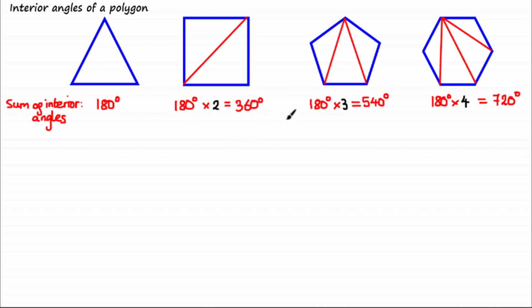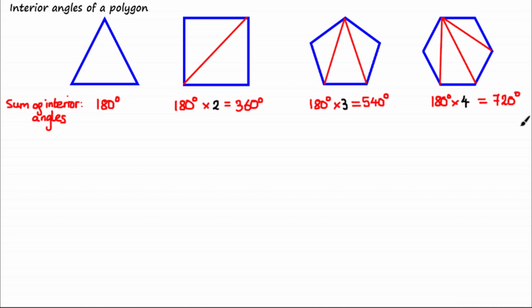And to get the sum for the next shape, which is a pentagon, we simply add 180 degrees to 360 degrees, which gives us 540 degrees. So you can find the sum of interior angles for a polygon by continuously adding 180 degrees until you get the polygon with the desired number of sides.